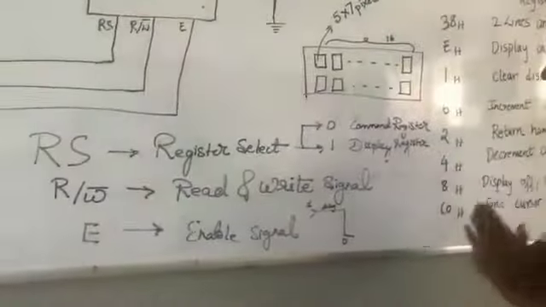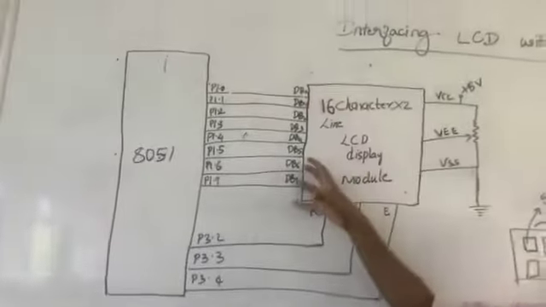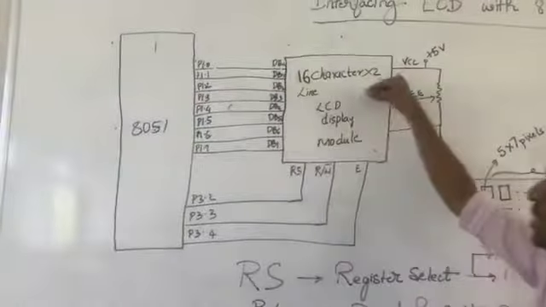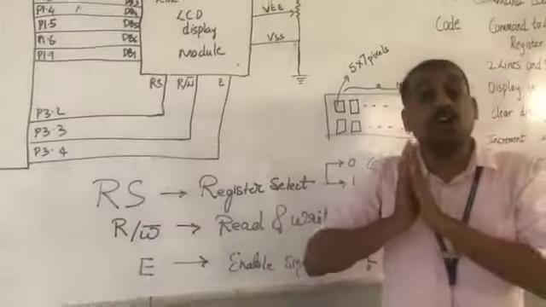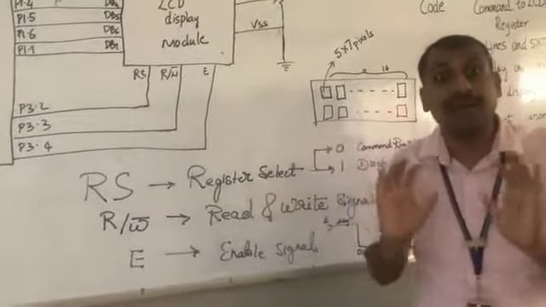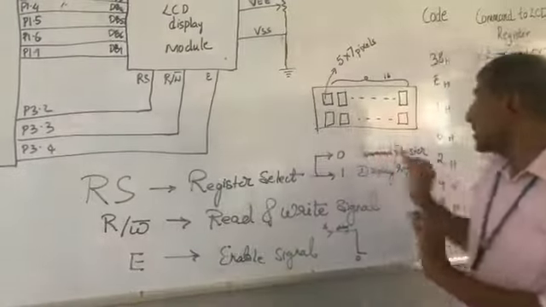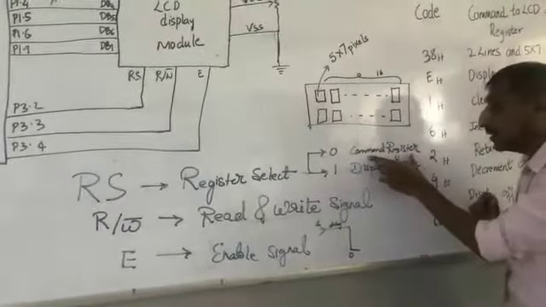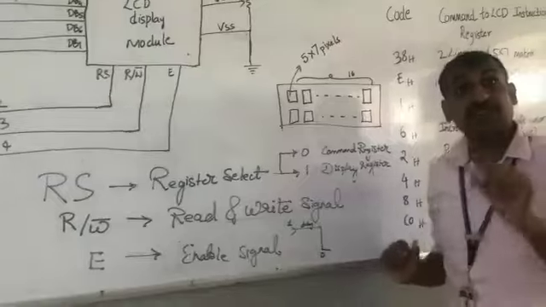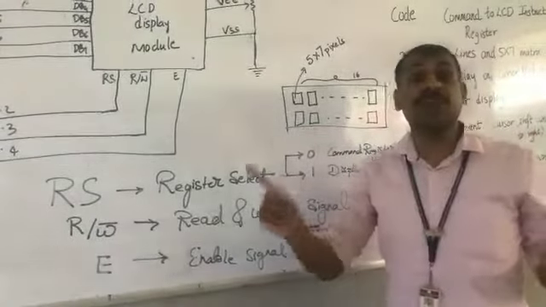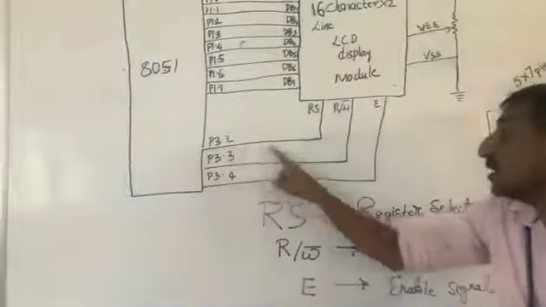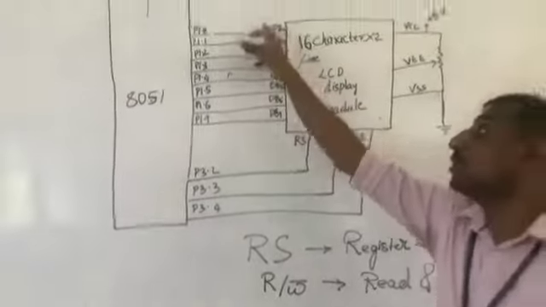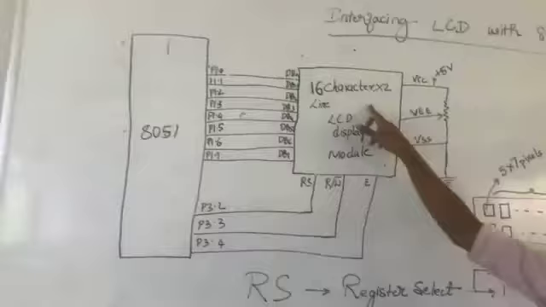What happens then? Whenever the command comes here and gets stored in the command register, inside the command register it gets automatically executed as a command. If it is sent only to the command register, it will be executed as a command, otherwise not. Therefore, RS needs to be 0 if you want to send the 8-bit data as a command.